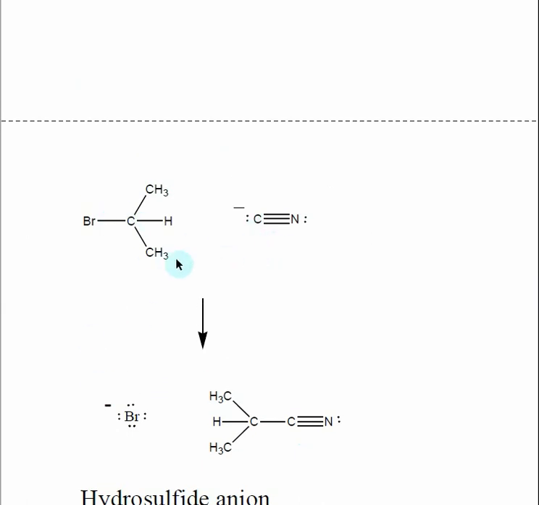What do I do to go from reactants to products? I still have a carbon chain, I still have a carbon attached to a halogen. My electrophilic carbon is this one, so remember to really focus on the electrophilic carbon, the one attached to the halogen. These methyl groups coming off really don't do anything at this point. They come along for the ride.